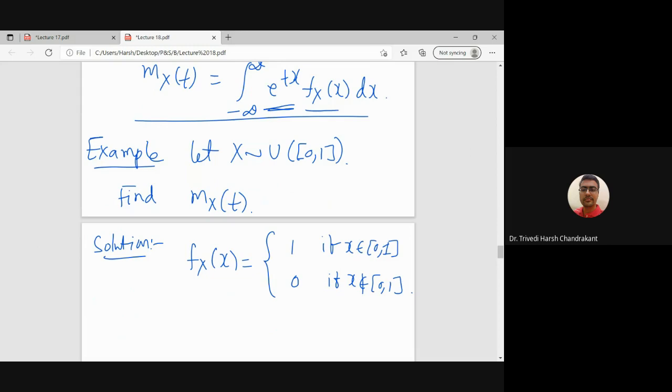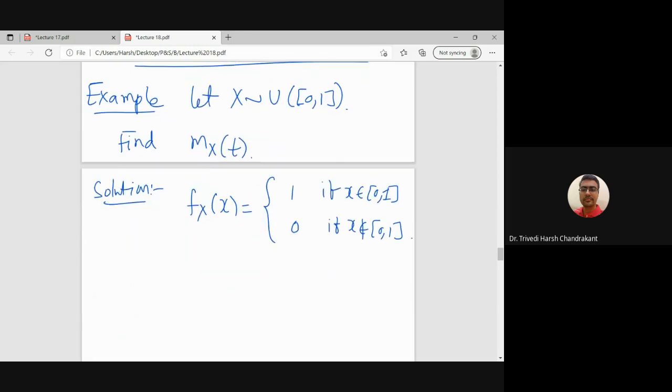So if you substitute it, what will we get? M_X(t) is the integral from minus infinity to infinity of e^(tx) f_X(x) dx. This is the formula. Now f(x) is non-zero over this interval, and its value is 1.